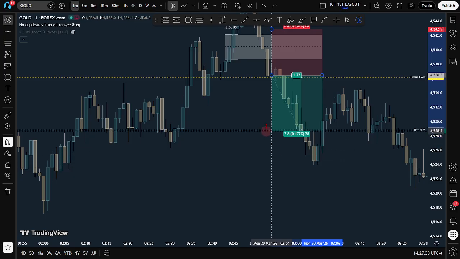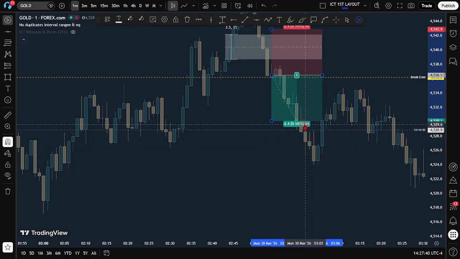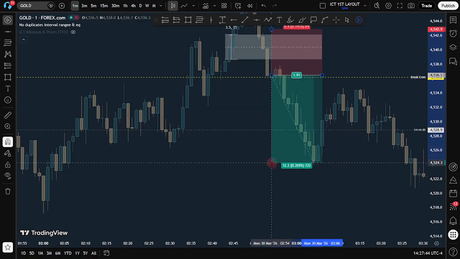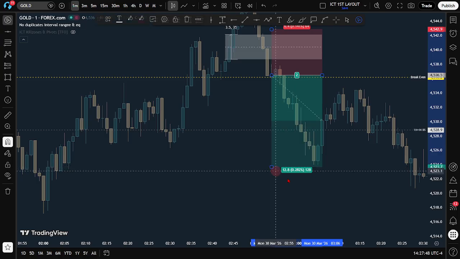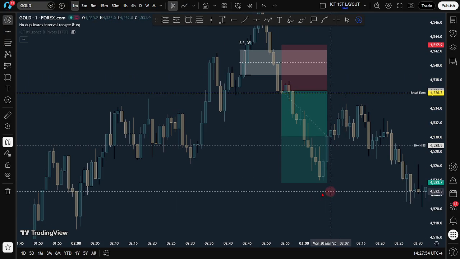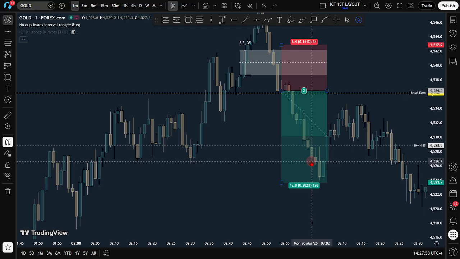You can see that 1:1 gave me 64 pips. If I'm aiming for 1:2, this was actually my final TP, which was 128 pips, almost 130 pips. That's so many pips. Not everybody can make this amount of pips. Do you get me? Yes.